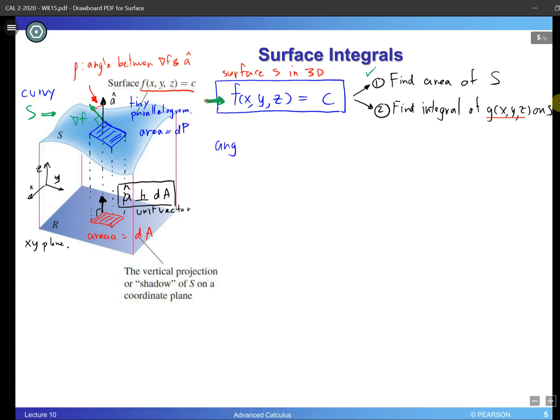Angle between gradient of f, the reference vector, and a hat, and in this case we know that it's equal to rho, is going to be equal to the angle between the pieces themselves, the pieces dP and dA. So in terms of the angle between dP and dA, it's going to be equal to rho as well. So we are going to have this angle rho between dP and dA.